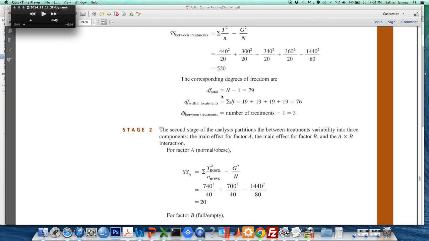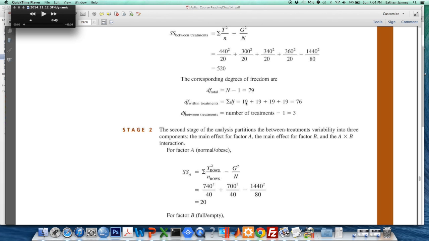But first, let's talk about the degrees of freedom values. For df total, it's always large N minus 1, so in this case 79. For df within treatments, you're subtracting 1 from each treatment n and adding them together. So instead of 20 plus 20 plus 20 plus 20, you have 19 plus 19 plus 19 plus 19, or 19 times 4 equals 76.